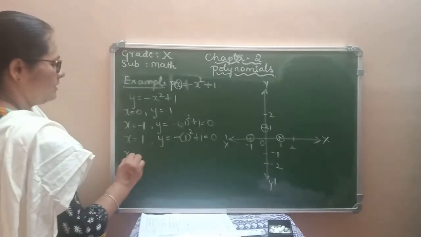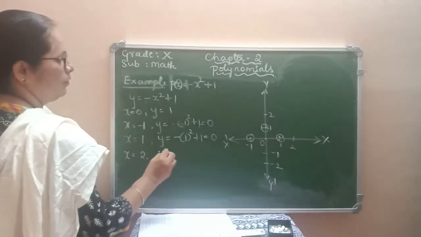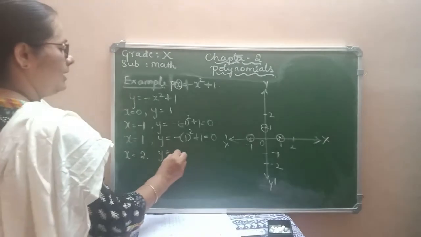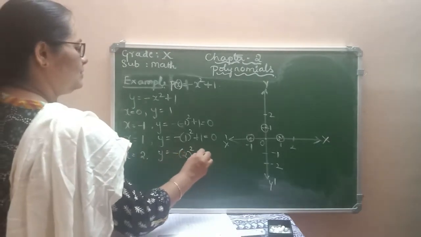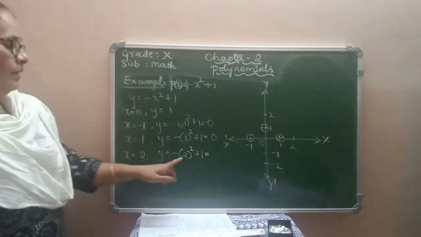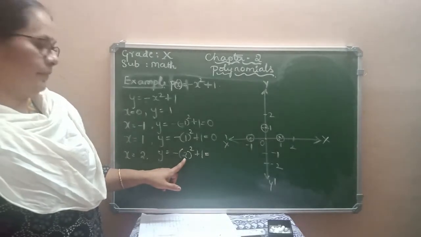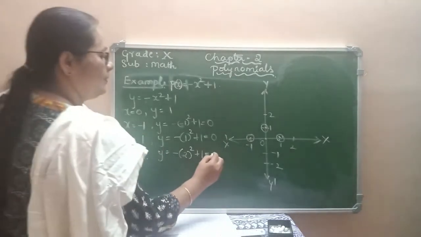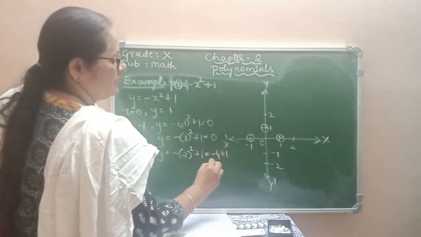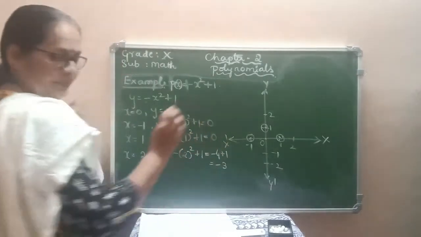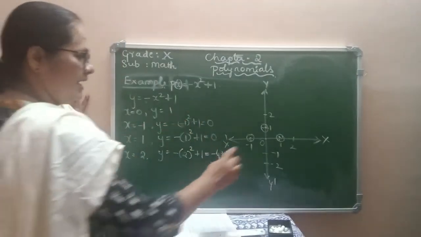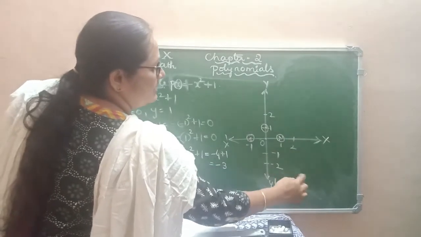When x equals 2, then y equals minus of 2 square plus 1. 2 square is 4, so minus 4 plus 1, which is minus 3. So when x is 2, y is minus 3.